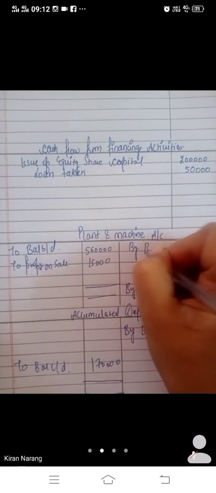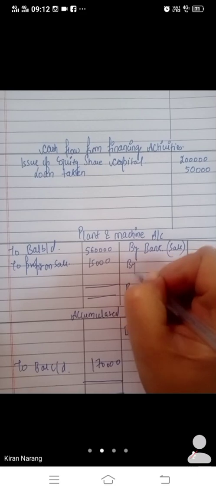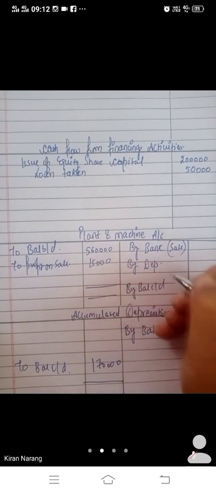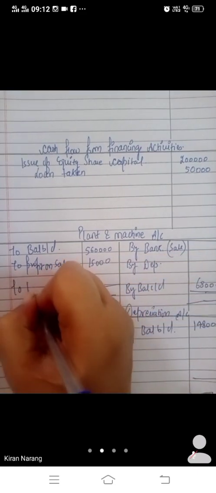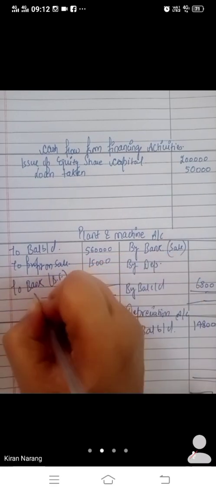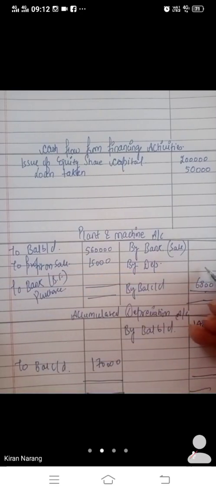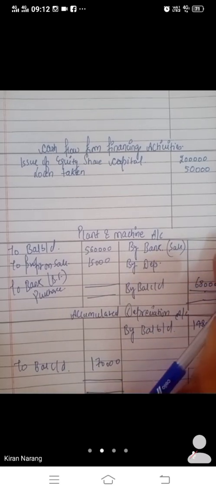Because बच्चे we don't have the value of depreciation. We have to calculate the value of depreciation. Then the balancing figure will be your purchase. Balancing figure will be purchase of machine. Only we have to calculate the depreciation. Okay, from 120 we will deduct the depreciation and we will come to know the sale amount.